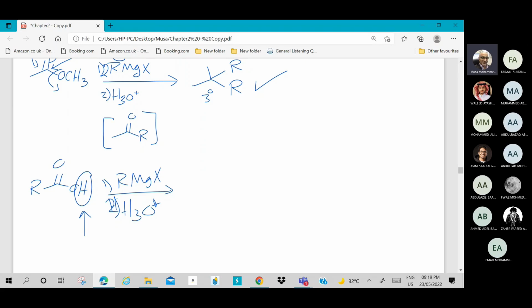So here you will not have a reaction. You will end up having this RH, I mean alkyl halide. This R minus will just pick this proton, and the reaction will be terminated.